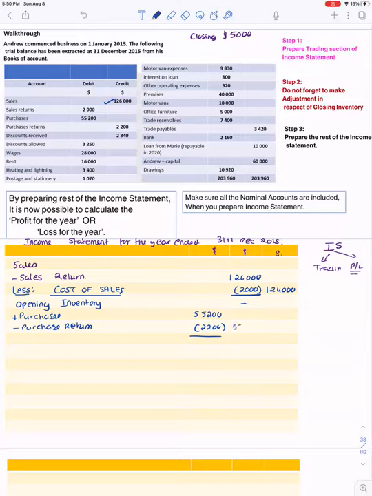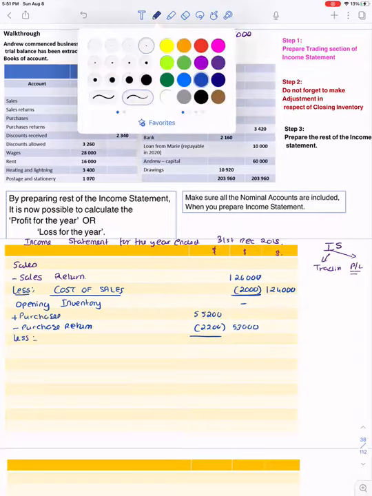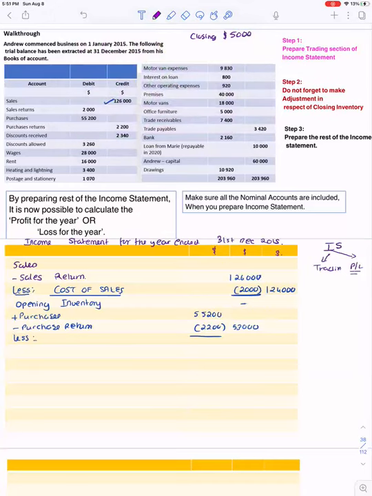So 53,000 I'm keeping over here, less the closing inventory. There is no carriage inward and no goods for own use, so I will directly deduct the closing inventory. Closing inventory is the inventory on the last date, that is 31st of December. When I deduct this, I will get my cost of sales, which is 48,000.